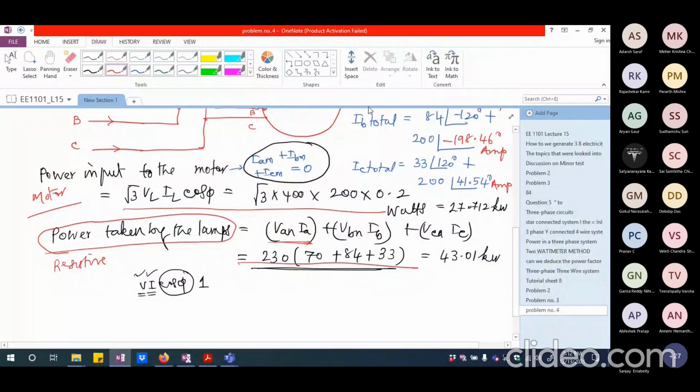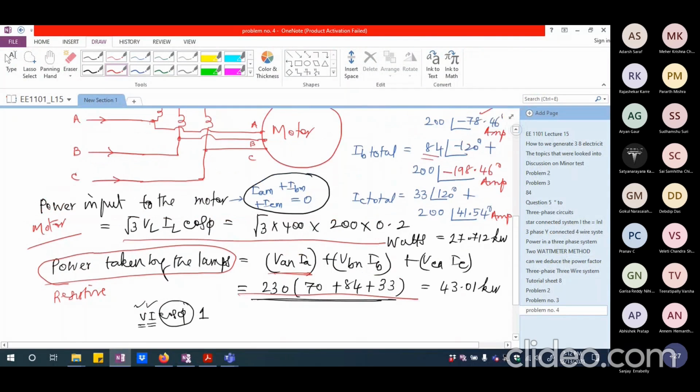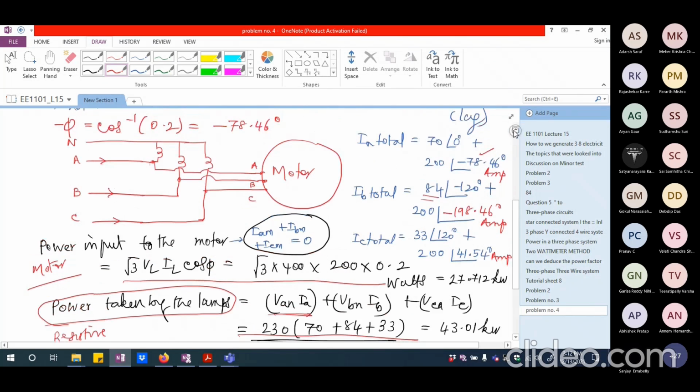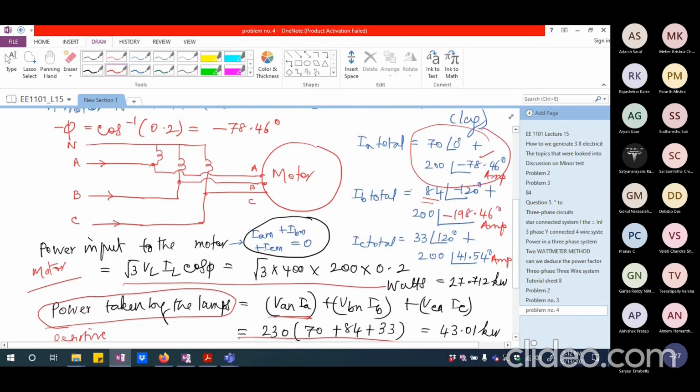If you had to take this separately, for example, if you had taken the total current, IA total, IB total and IC total, you could have done it like that. You should have done VAN, IAN, cos phi, where cos phi will be whatever is the angle you get after calculating the summation.